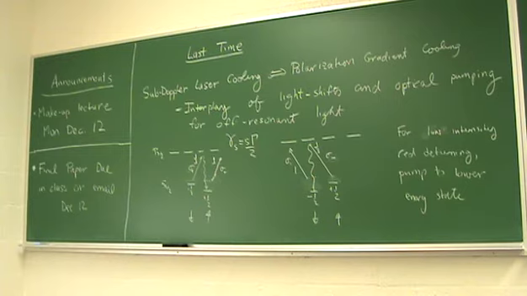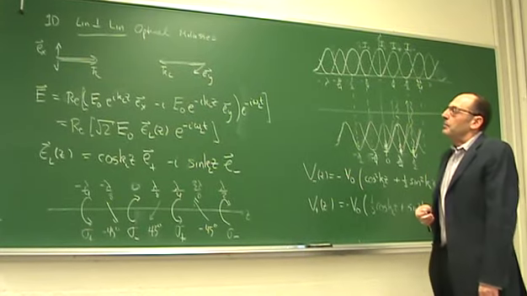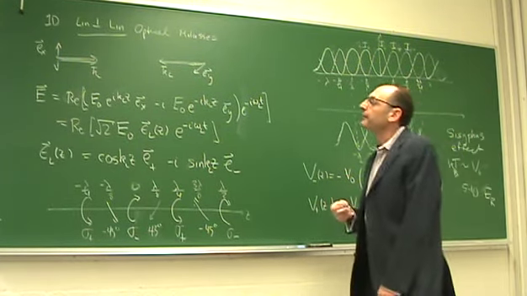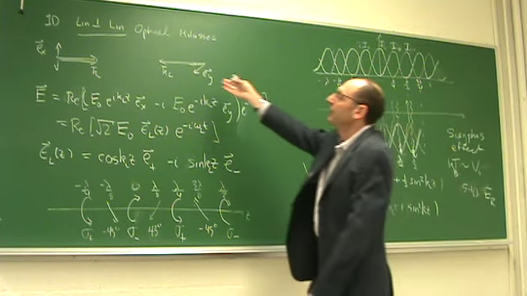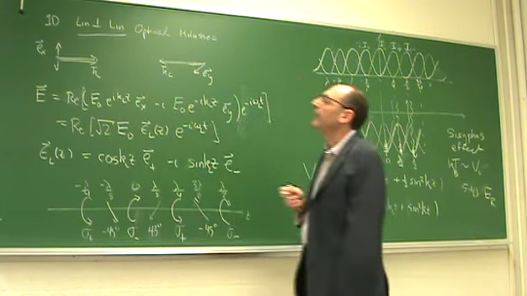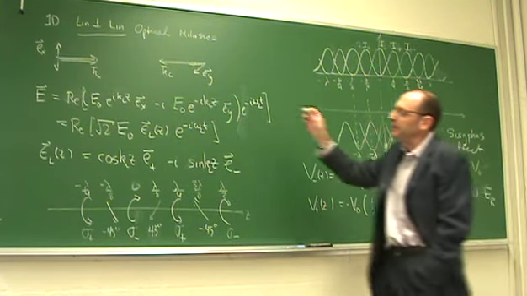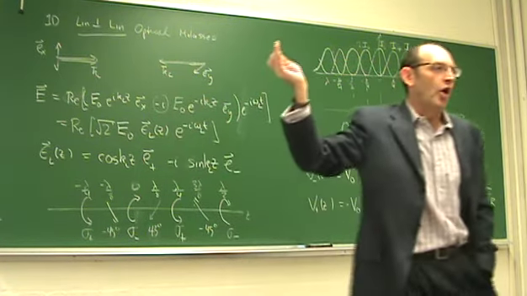So lin-perp-lin optical molasses is thinking about optical molasses where the polarization of the beams is not the same. In this case, they're perpendicular to one another. And so if I look at the electric field associated with these counter-propagating plane waves, this choice of phase here is completely arbitrary.